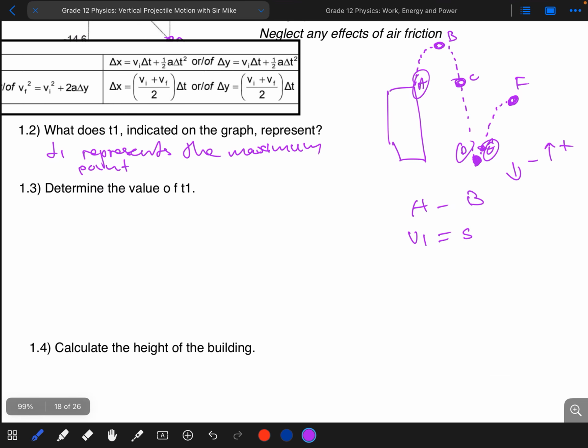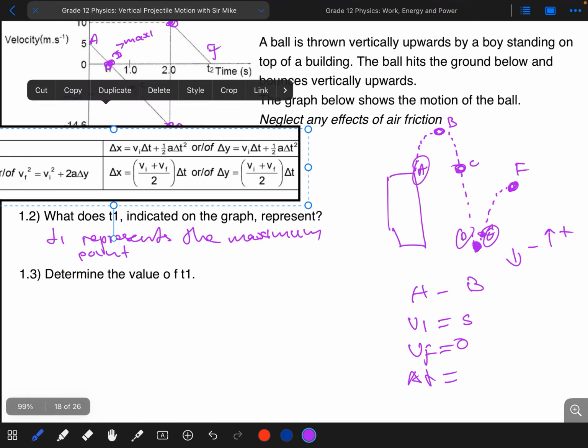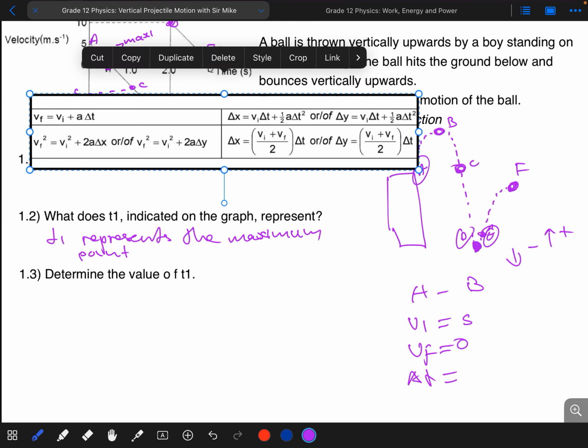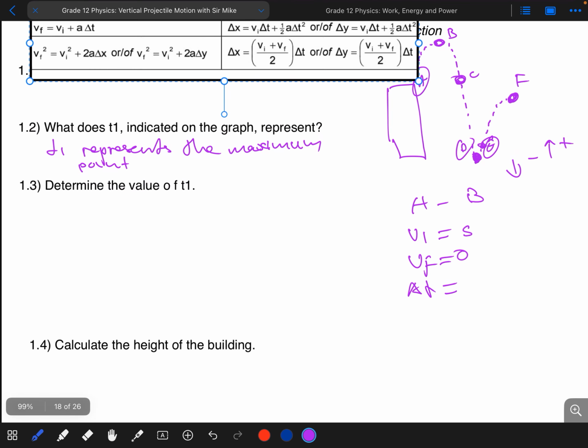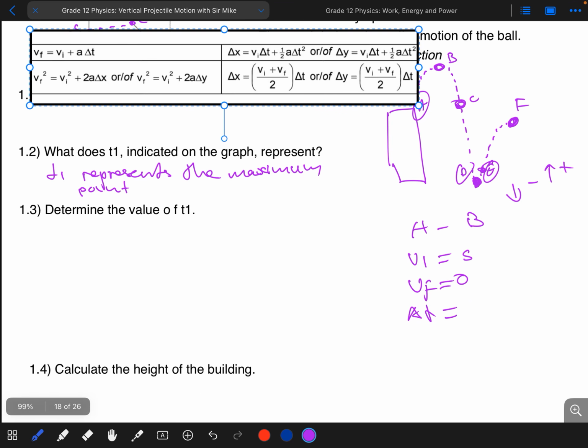Our V final is 0, and our delta T is what we are looking for. So time is what we are looking for there. We're going to leave that as T1. So that's T1 there.